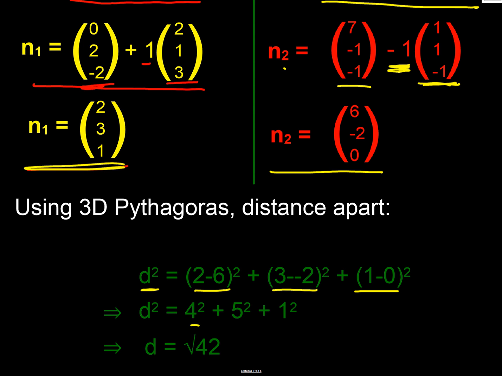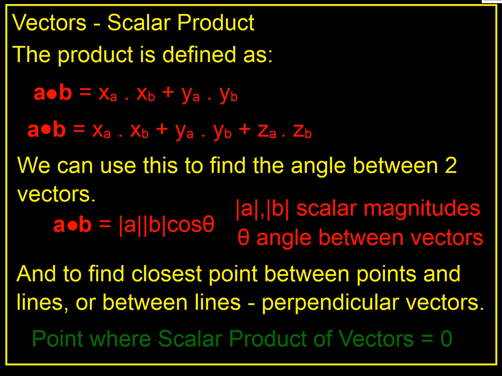There we go. So I've got 4 squared plus 5 squared plus 1 squared, which I believe that d therefore equals the square root of 42. So there we are. We've shown how we can use the scalar product to help us find the nearest point of 2 lines. That's about as difficult as you're going to get in any of these exams.